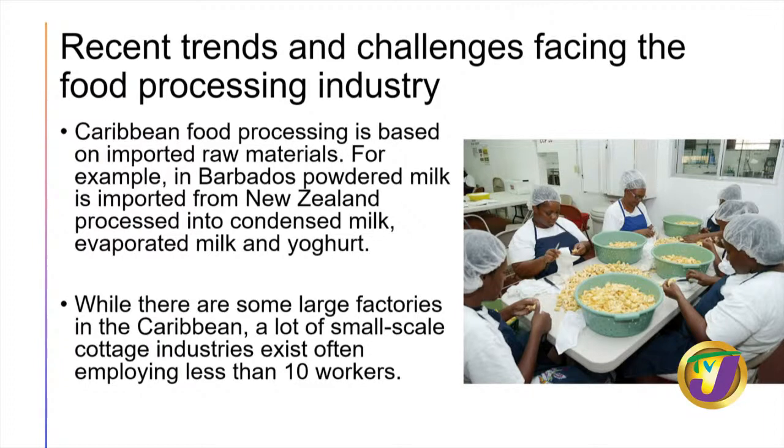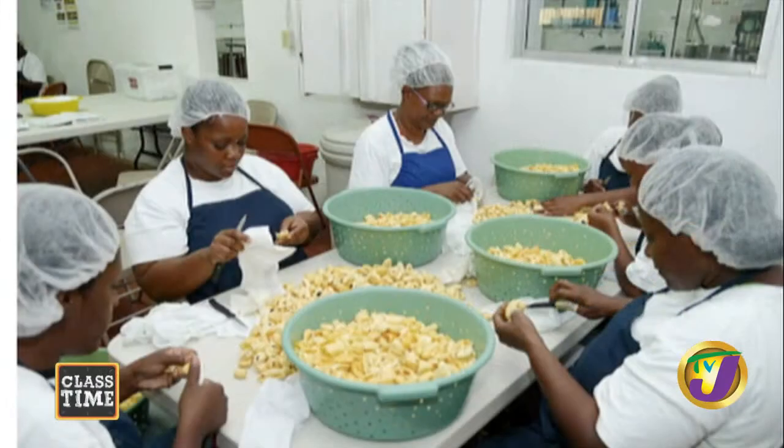Now, while a lot of the factories that are involved in the food production process are large factories, we actually have a lot of small-scale cottage industries. And these industries employ very few workers, sometimes just 2 workers, or it could be just an individual that is doing their own food production at home, processing, making natural juices in their kitchen, something like that.